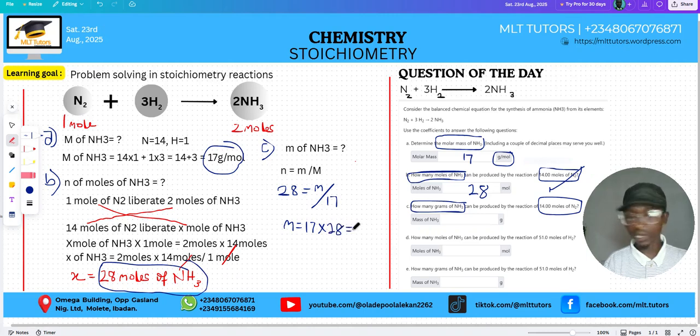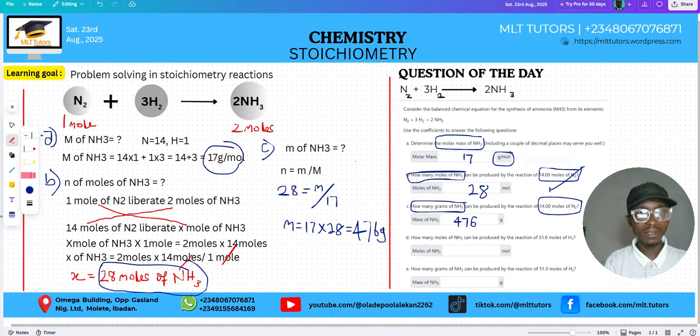So if you punch your calculator very well, let me quickly punch my calculator to check that. 17 multiplied by 28 gave me 476. So that's supposed to be 476 grams. Okay, let's put that in the space provided for the answer. 476 grams. That is the mass of ammonia produced.